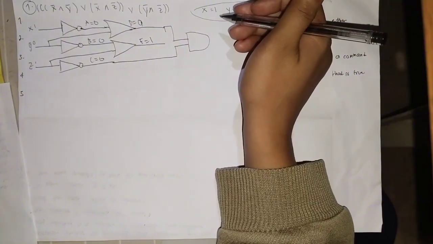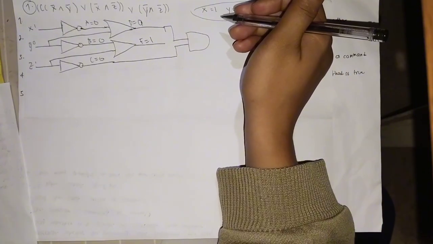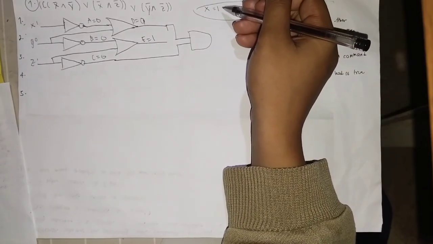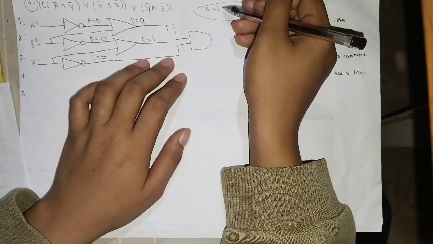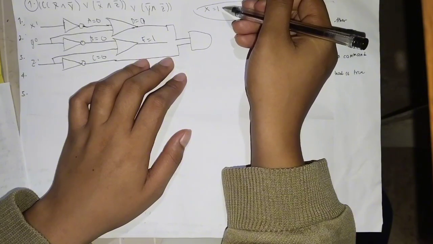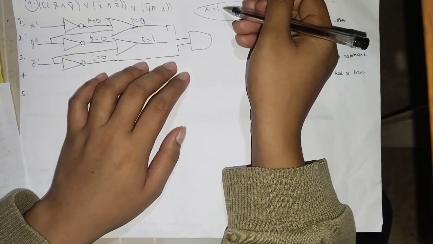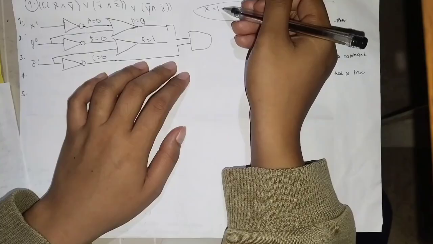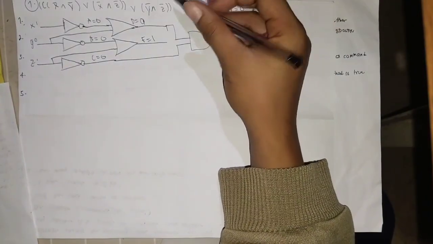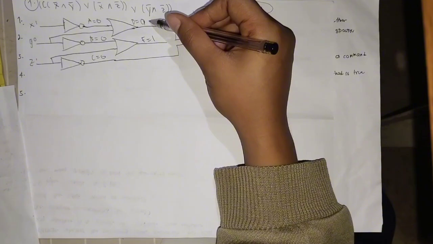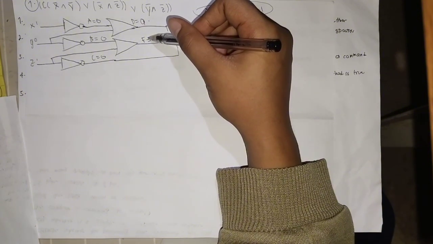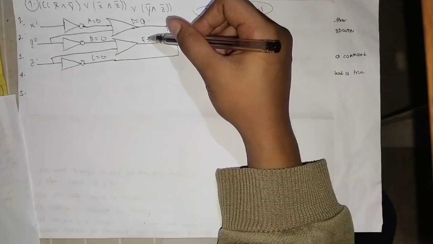An AND gate's output is 1 only if both its inputs are 1. If either input is 0, the output is 0. So the first AND gate takes D and E as input, and since E is 0, the output is 0.